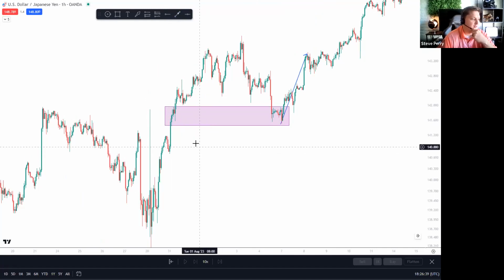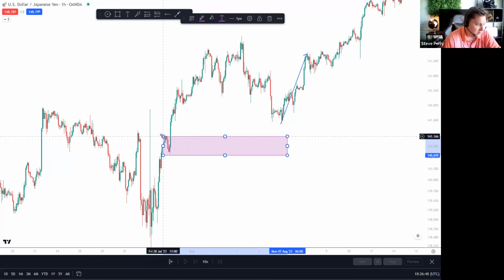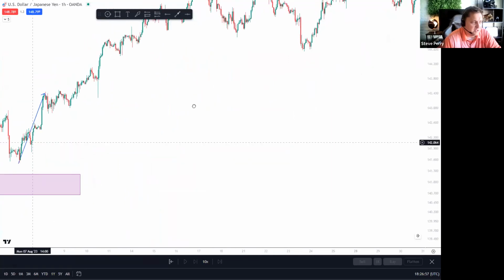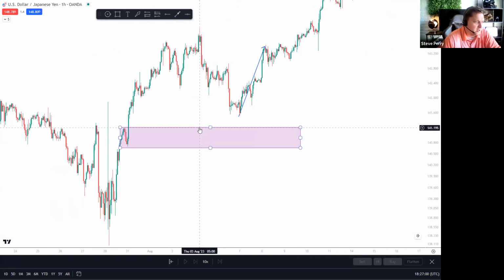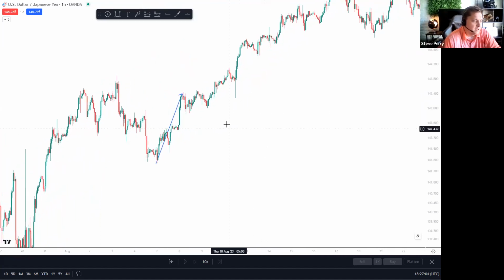I don't know if I would have ever used that one, but the market liked that and then bounced off. I would have probably used this one right here. I think that's the liquidity zone. Maybe this gets tapped into later. I don't know, I'd have to look forward, but I'd probably use that one right there. I don't know if it ever got tapped into. I don't think so. So a lot of these won't even trigger, but you can see the concept, right?